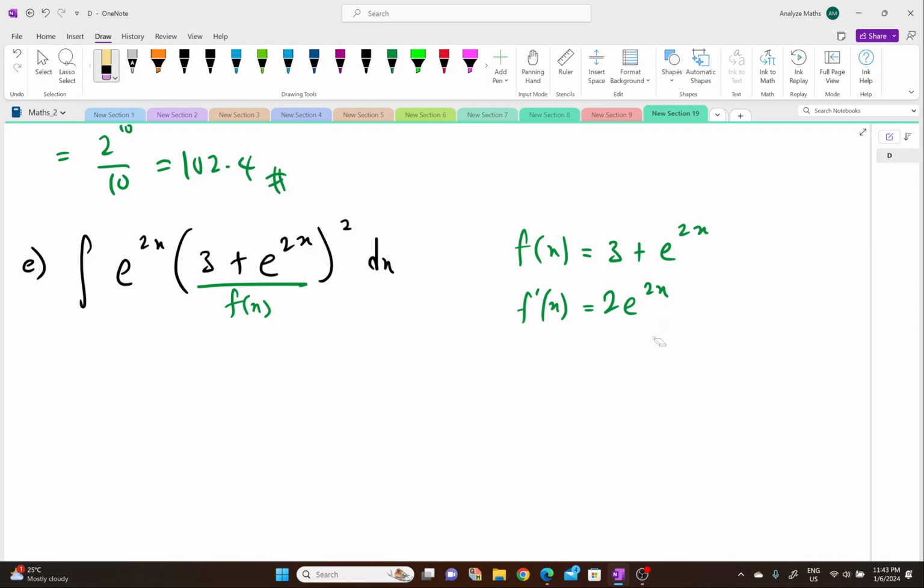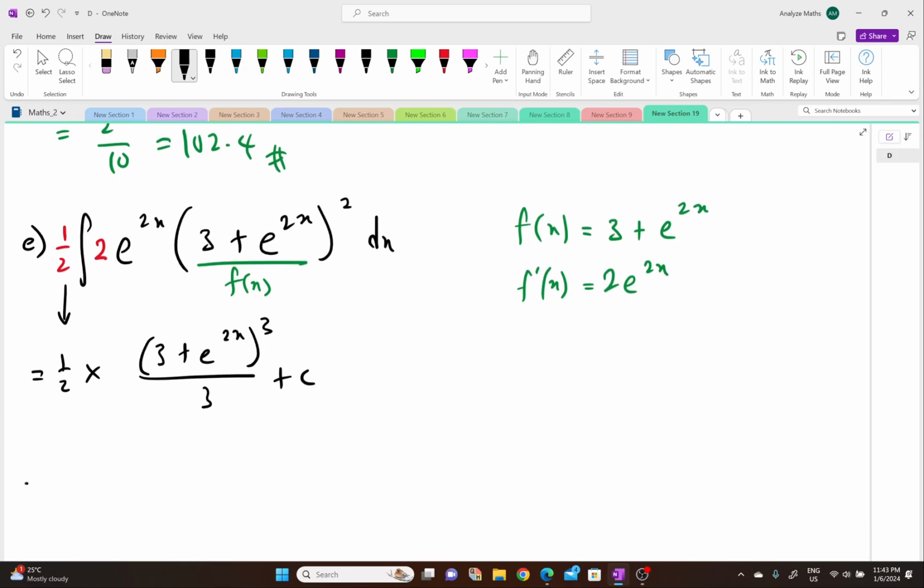The variable is there, so that is a good sign actually. e to the 2x is there. Only the coefficient I have to change, isn't it? So I multiply here by 2, but I divide here by 2. That's what I call adjustment. Bring the 1 over 2 here. Now we can apply the formula. This is the answer.